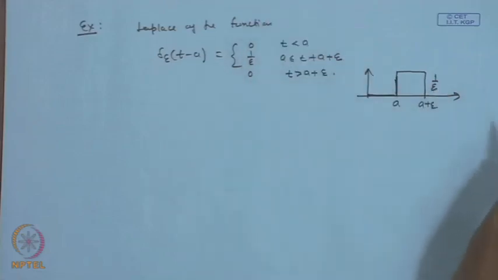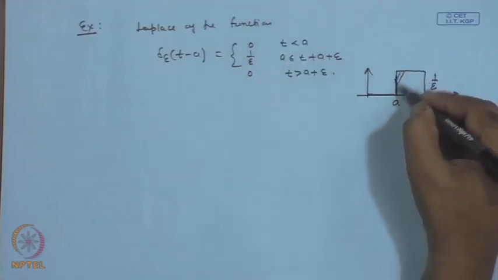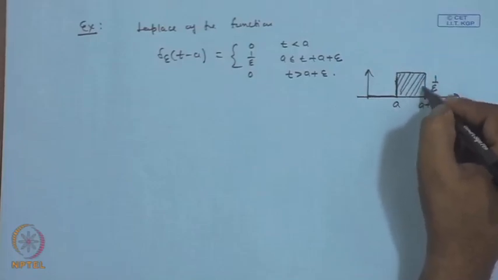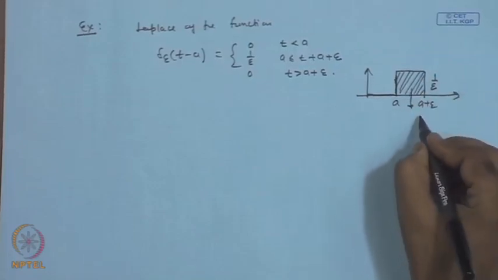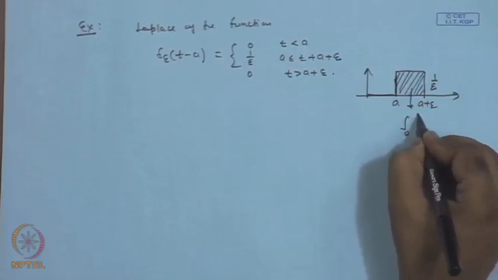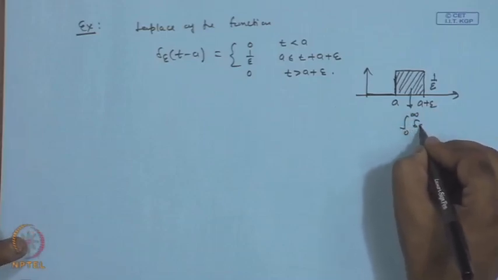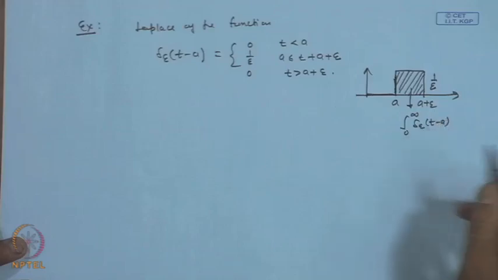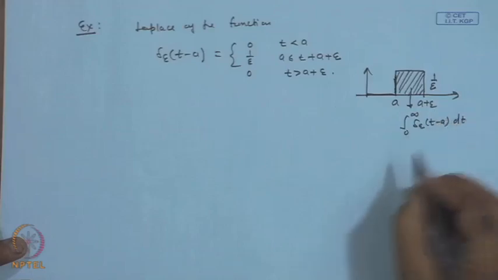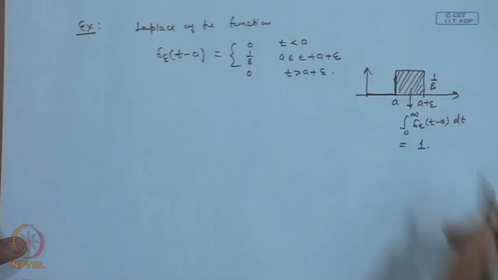So, if you integrate this, this area is always 1. So, if we integrate this in any range from minus infinity to plus infinity or 0 to infinity, the integral of delta epsilon (t minus a) dt will be just 1.